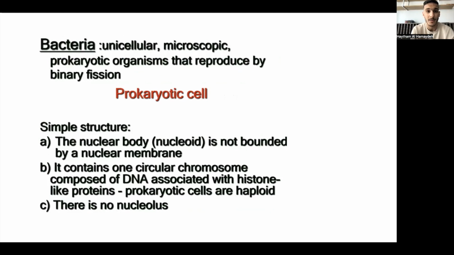And so a bacteria is a prokaryotic cell. It's unicellular, microscopic. It reproduces by binary fission, which is splitting in half, basically. Simple structure. It has a nuclear body called the nucleoid. It's not bound by a nuclear membrane.